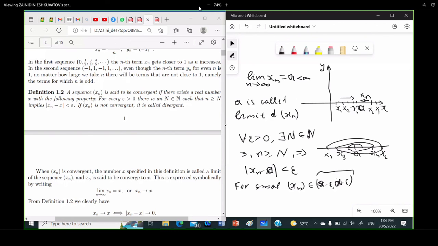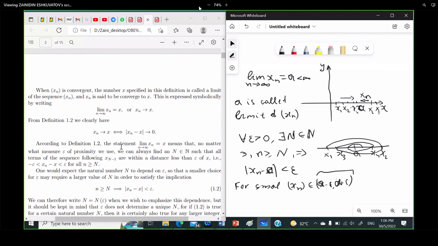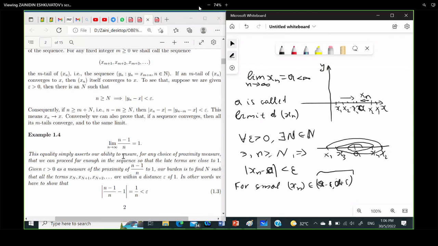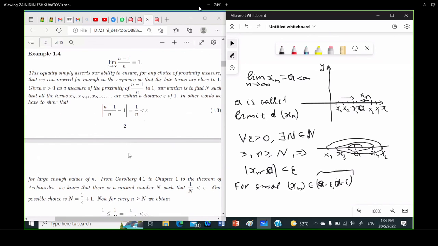Now I think next week I will properly teach the next properties and examples, how to find the convergent sequence by this definition. The limit definition is easy, you just calculate the limit.